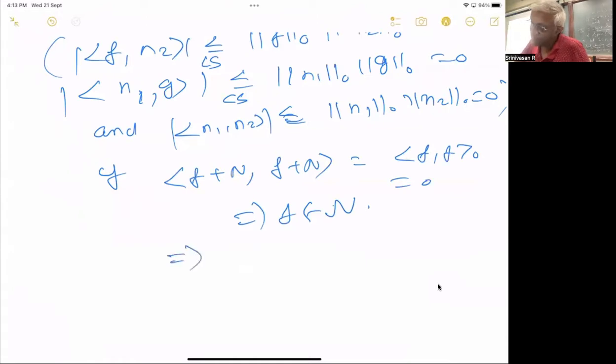This implies f is in N, that is, f is equal to 0 in H naught.